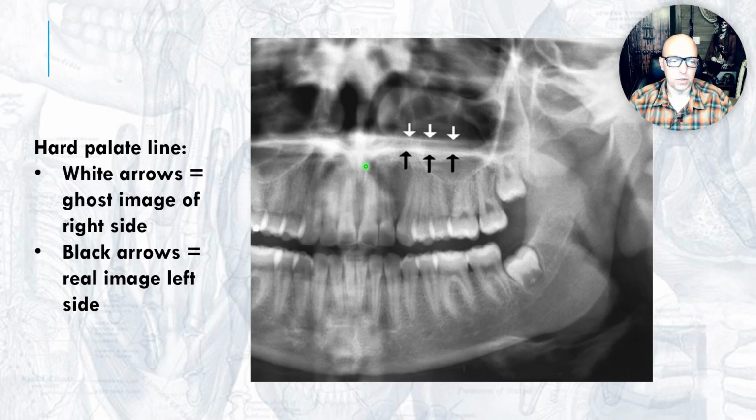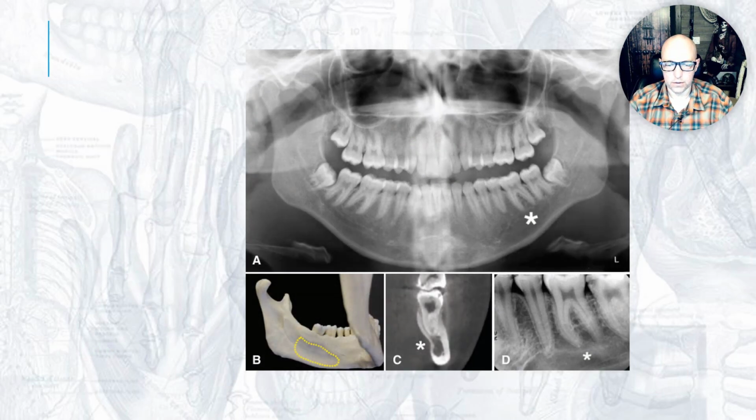But the black is the real image of the left side, and the white, or the superior one, is the ghost image of the right side. So recognize those. This was something to know from intraoral anatomy. In fact, a lot of this stuff is the same. So if you know your intraoral anatomy, panoramic anatomy is going to be fairly easy.